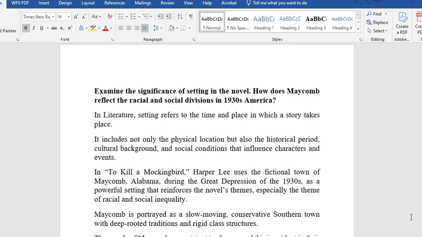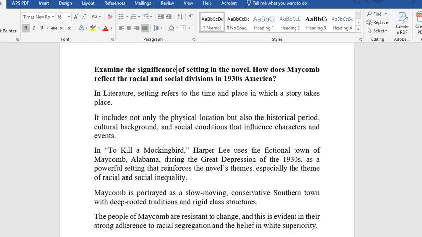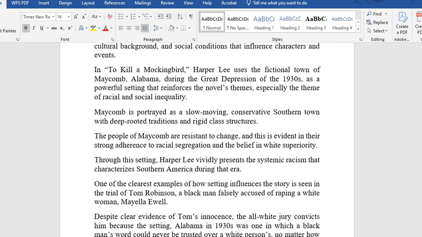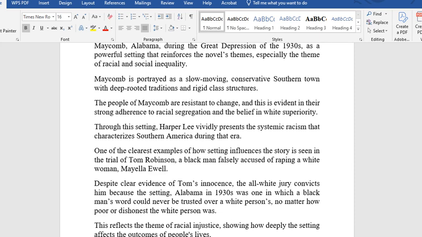Maycomb is portrayed as a slow-moving, conservative southern town with deep-rooted traditions and rigid class structures. The people of Maycomb are resistant to change, and this is evident in their strong adherence to racial segregation and the belief in white superiority.